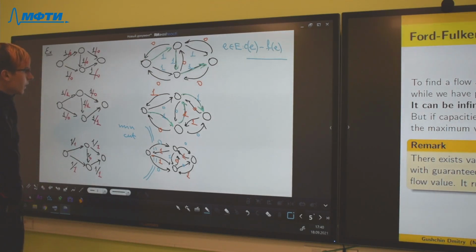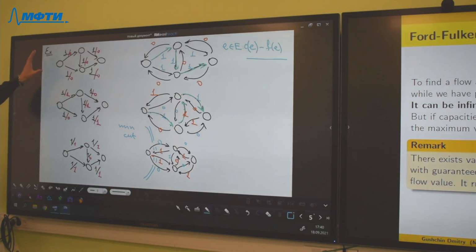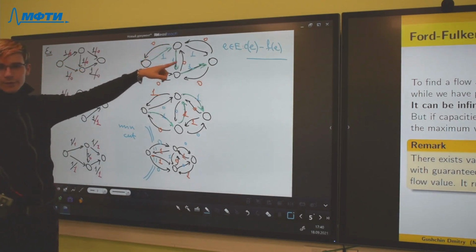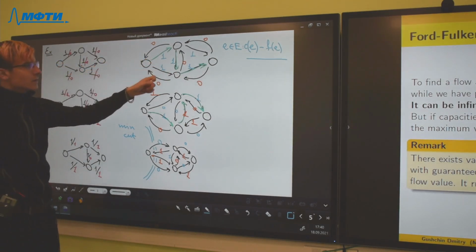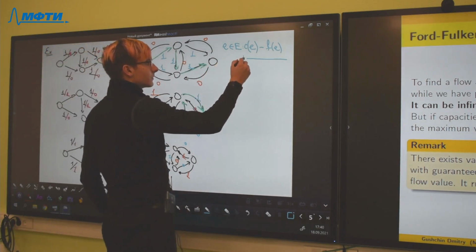Residual network: if we have a flow network with flow, we say that the residual network is equal by vertices to the flow network, and each edge has capacity equal to this.